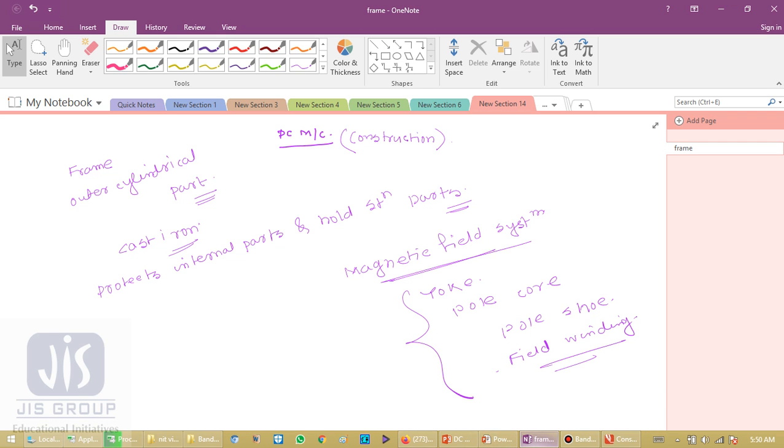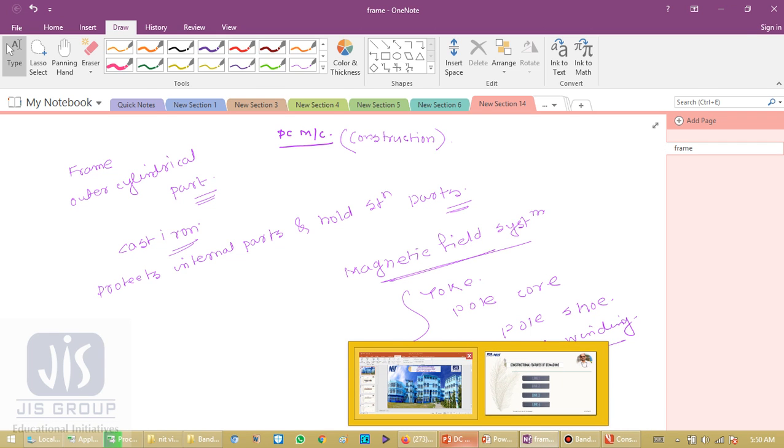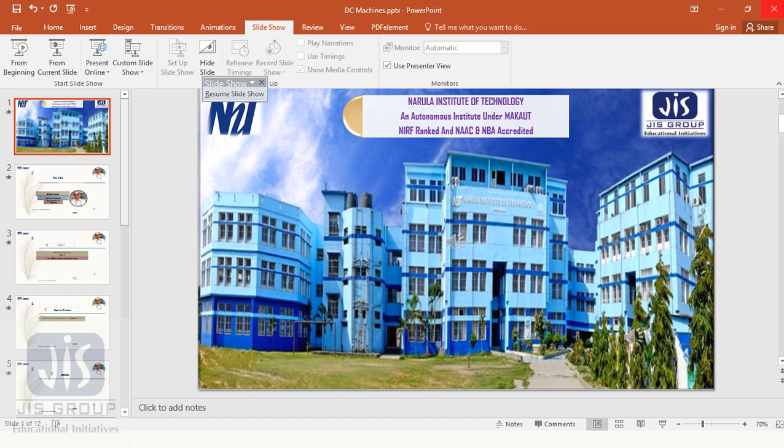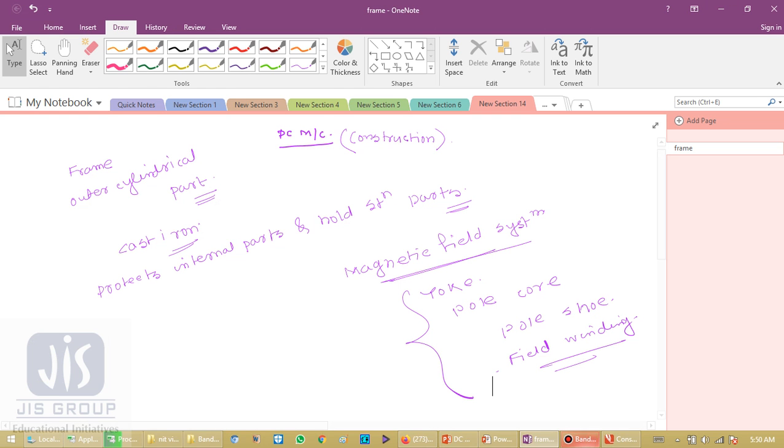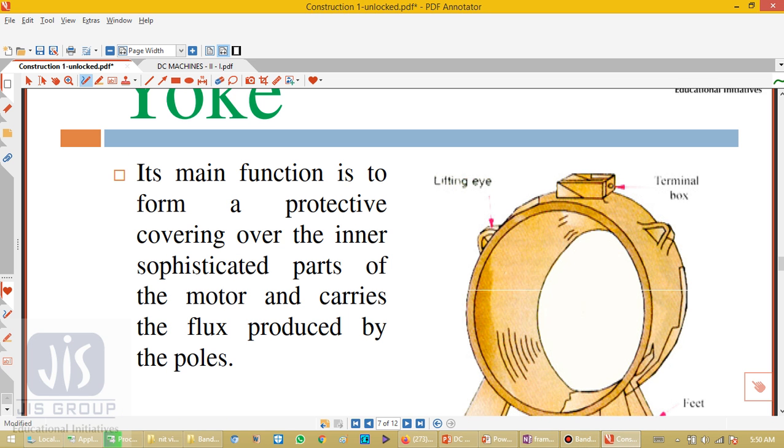Okay, so now the yoke. What is the function of the yoke? The yoke's main function is to provide a protective covering over the inner sophisticated parts of the motor and carry the flux produced by the poles. You should keep that in mind.